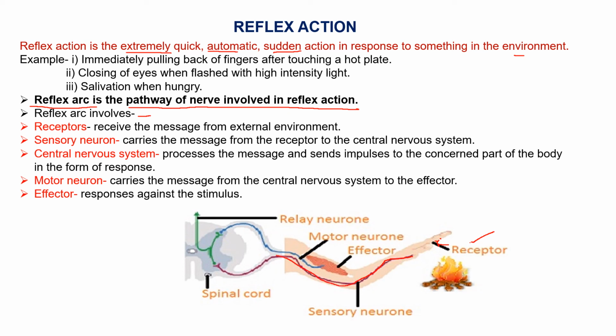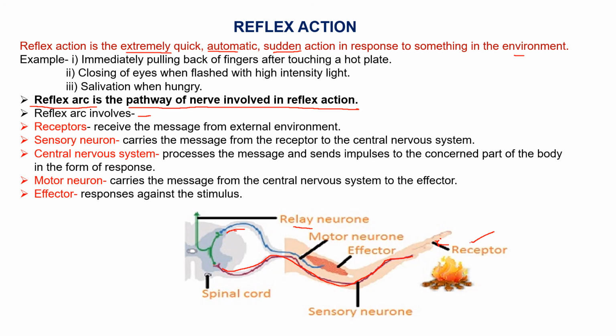This is a sensory neuron, and it is going to the spinal cord, right? In the spinal cord, there is a relay neuron here which will pass this information from the sensory neuron to the motor neuron. Sensory neuron is also known as afferent, and motor neuron is also known as efferent or effectors, right?